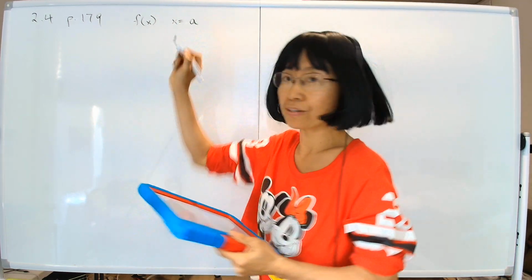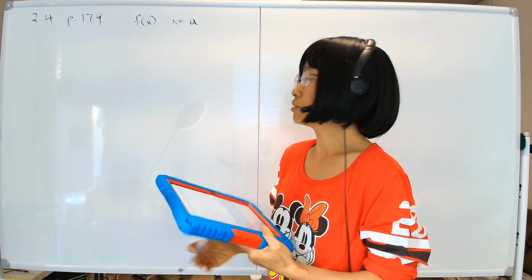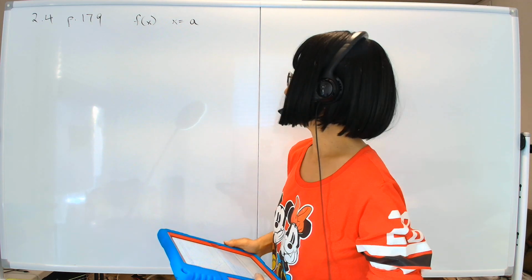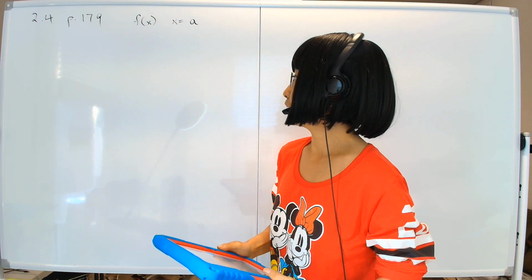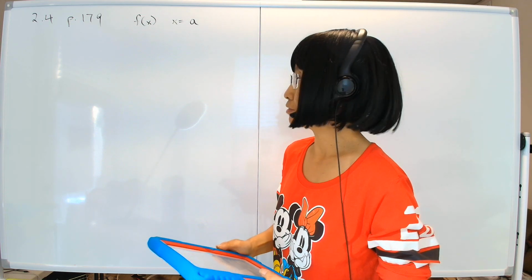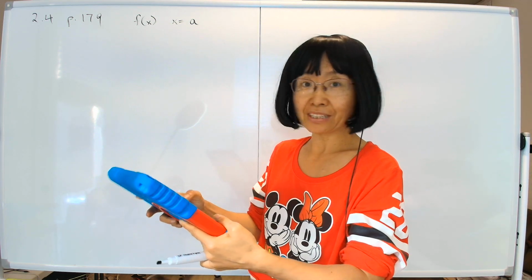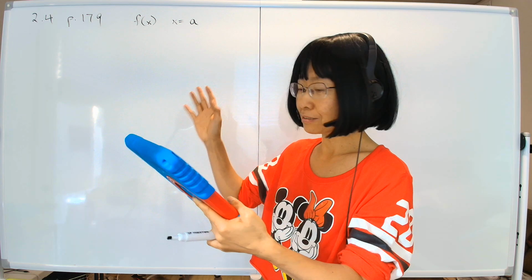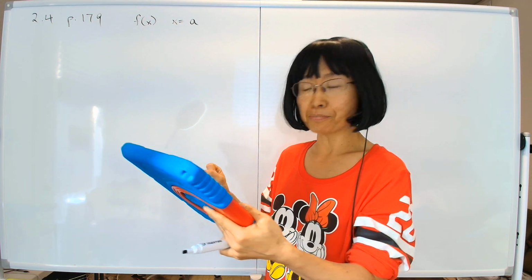First, f of a has to be defined. If it's undefined, then it's not continuous. That goes without saying, but we'll mention it just to be 100% clear. So a has to be in the domain.